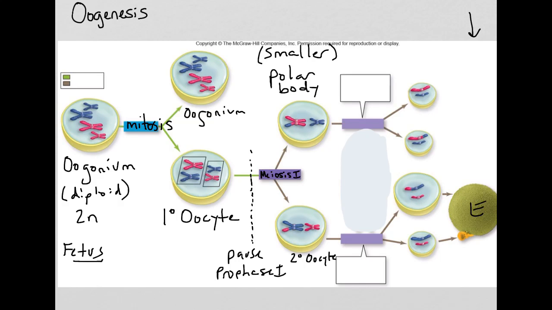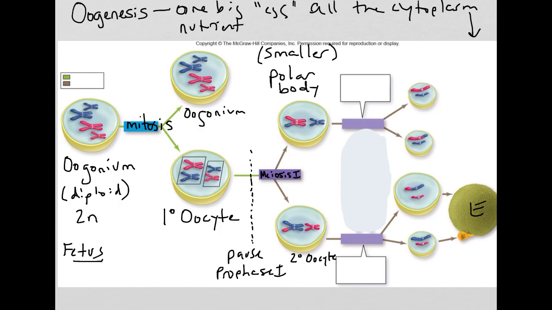The whole goal of oogenesis is to have 1 big egg, right, that has all the cytoplasm, the cell machinery, nutrients, it's got all the mitochondria, it's got all the good stuff.